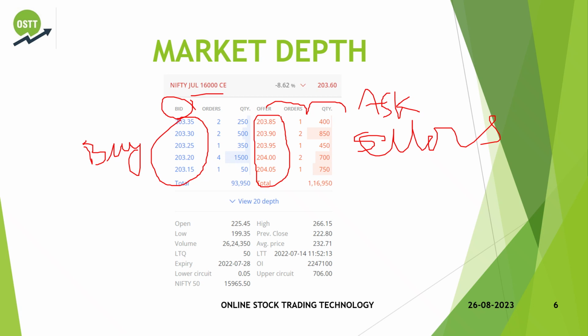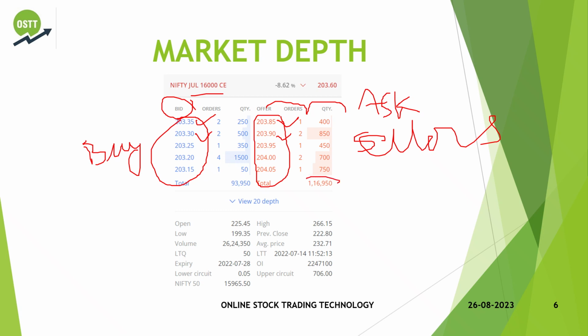These are all floating orders. They are not real orders. For example, people at this level of prices have put the orders at these prices as limit orders, not market orders. And similarly, these people have put the orders at these levels, which are sell orders, not market orders.